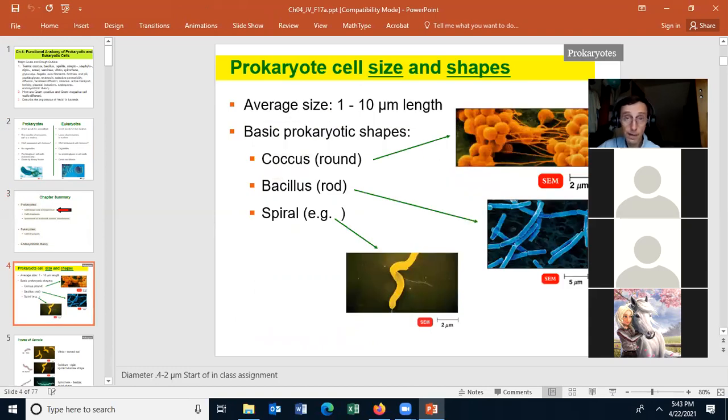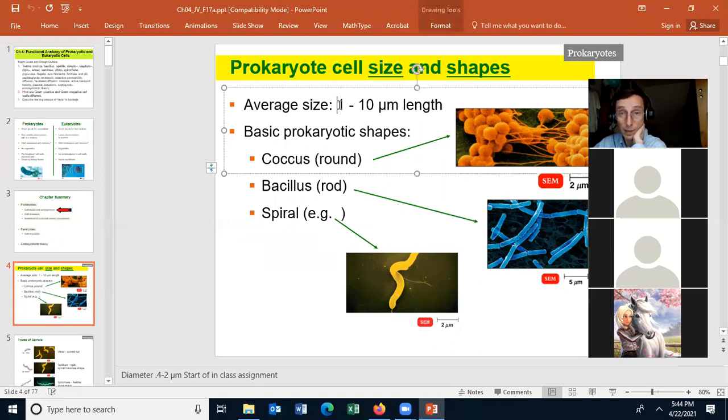All right, so when we're talking about prokaryotic cells, they have a particular size and shape. The average size ranges from 1 to 10 micrometers, and really most cells range in size between 1 and 2 or 3 micrometers. Okay? 10 micrometers is on the large side of a prokaryotic cell, and there are some that get less than 1 micrometer.